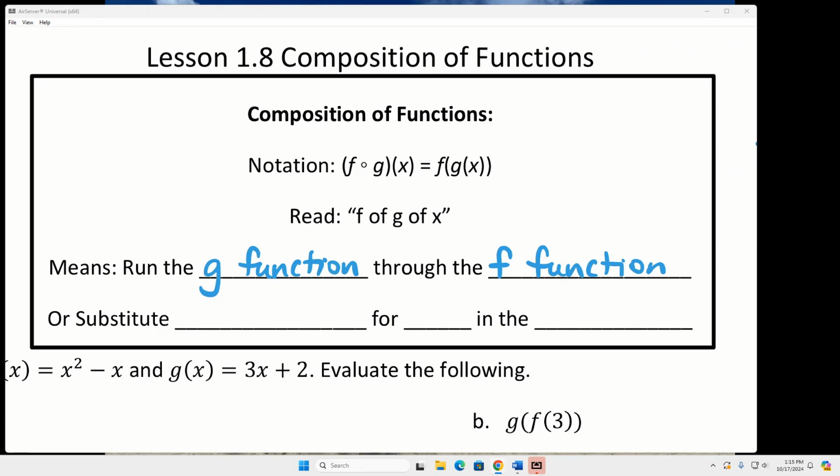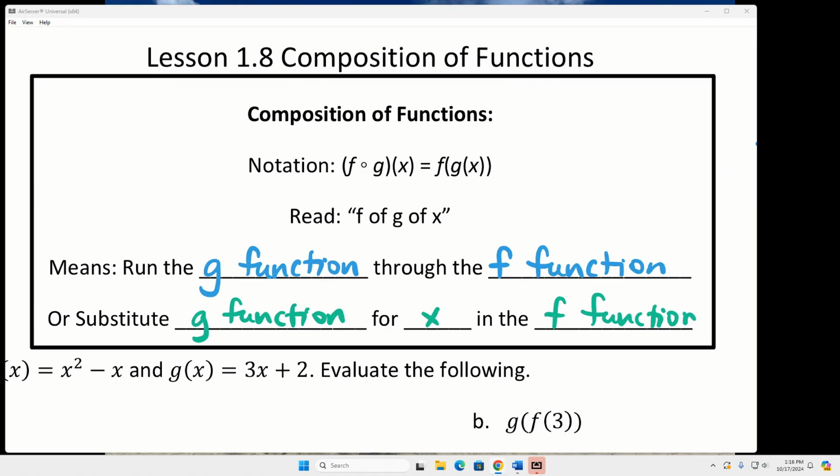Or most people, I feel like, think about substitution, like what we were just talking about. So you can also think about it like substitute the g function for x in the f function. And like I said, for the majority of people, I think that is enough for you to understand what you're supposed to do. But I'll talk about it both ways.